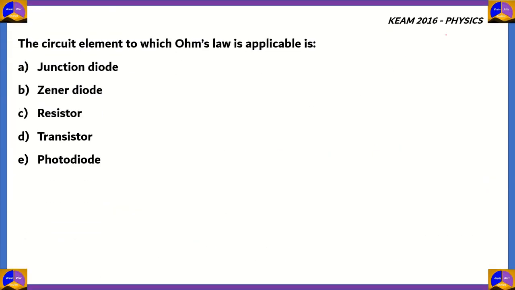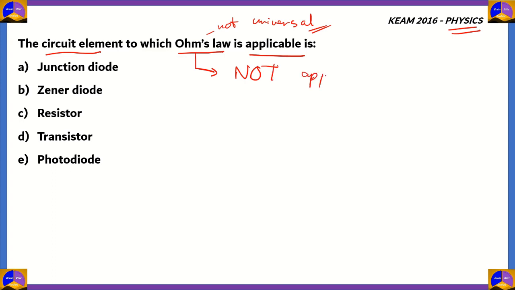Now let's look at some questions of physics. The circuit element to which Ohm's law is applicable is: junction diode, Zener diode, resistor, transistor, or photodiode. When we're studying Ohm's law in current electricity, we know that Ohm's law is not universal. It is found in a lot of materials, but it's not universal. We have also studied that Ohm's law is not applicable to semiconductors.